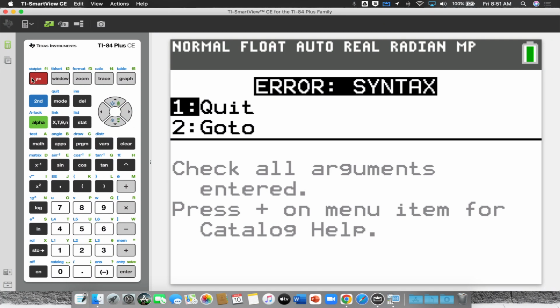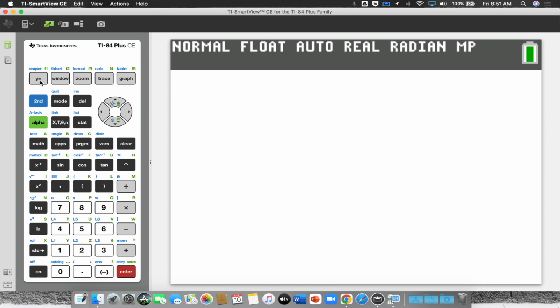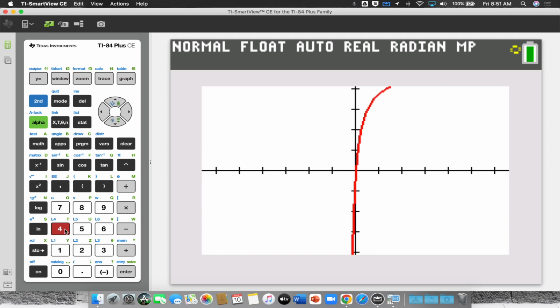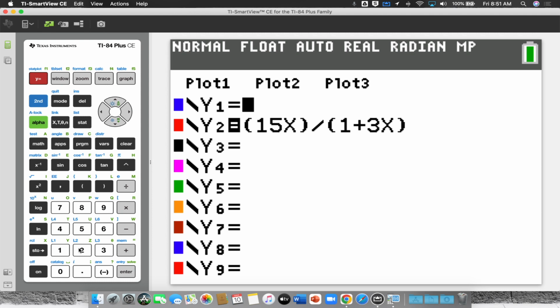Y equals... Oops, no. 2 plus 5 sine, 4, pi x, parentheses. No. Divided by 25.